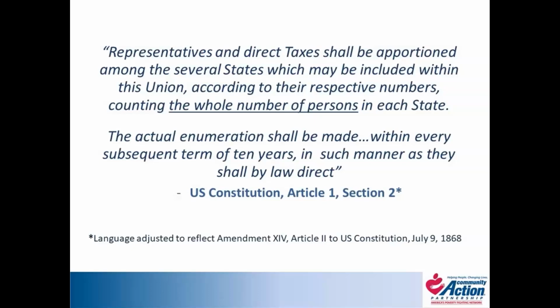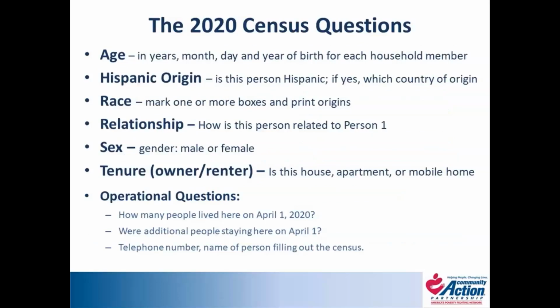Okay. These are the census questions. So the next thing people ask me is, well, what is the census actually asking for? There are about 10 questions. You can see them on your screen. Age, they ask both in years and months, and then they ask for date of birth to check people's math, I think. They will ask Hispanic origin, which is a yes or no, and then which region. They'll ask race.